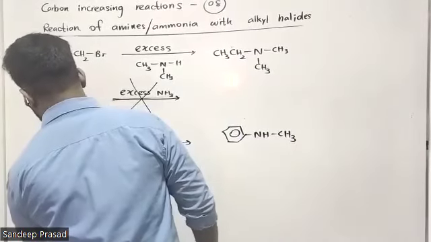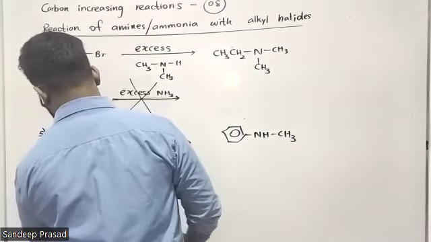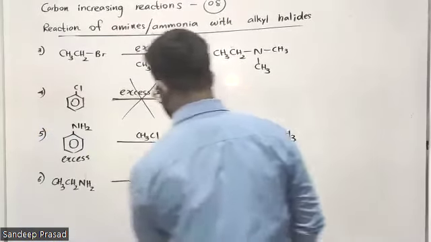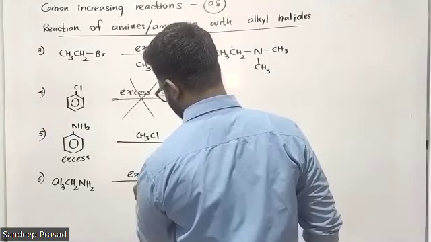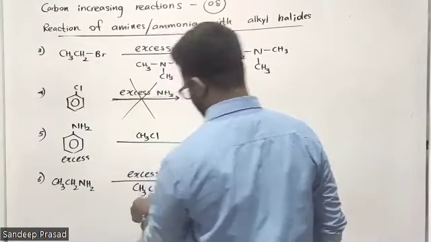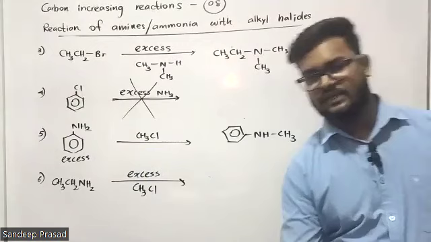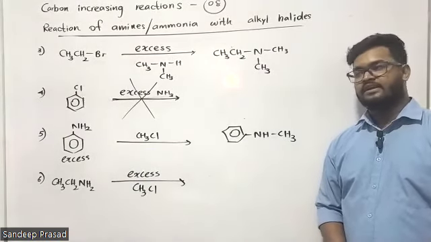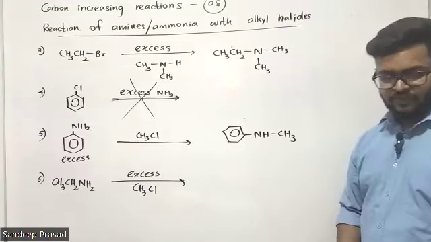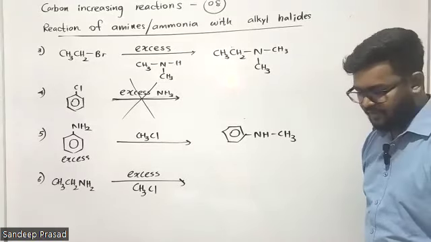Right. Now I want to get the product for this compound. I'm adding excess CH3Cl, not excess ammonia or excess amine. I'm going to add excess CH3Cl. So where will we end up? What do you think? Where will we end up?